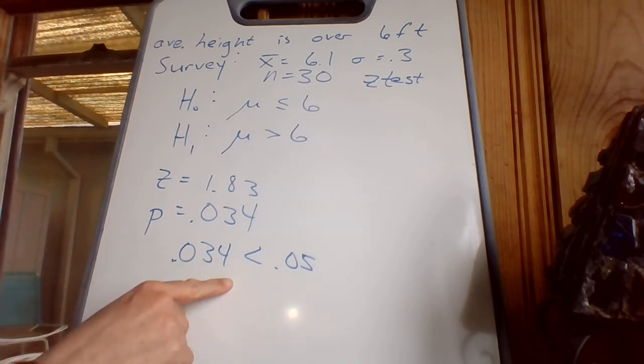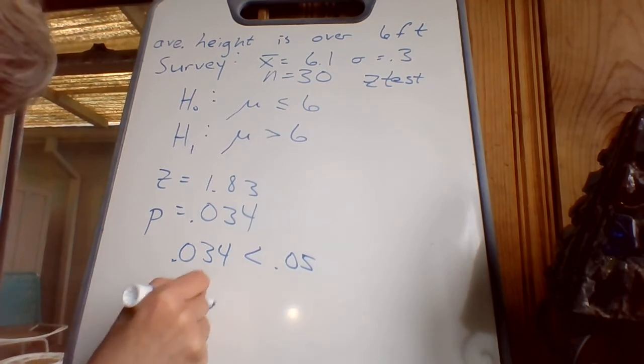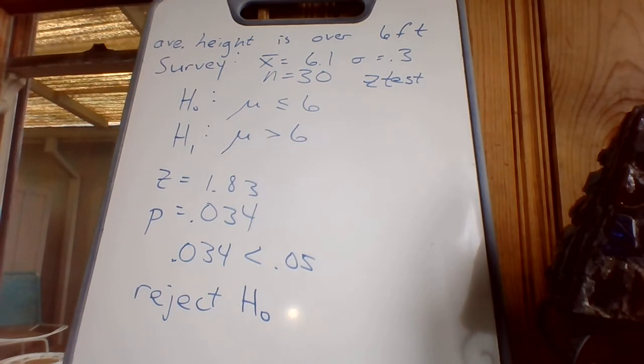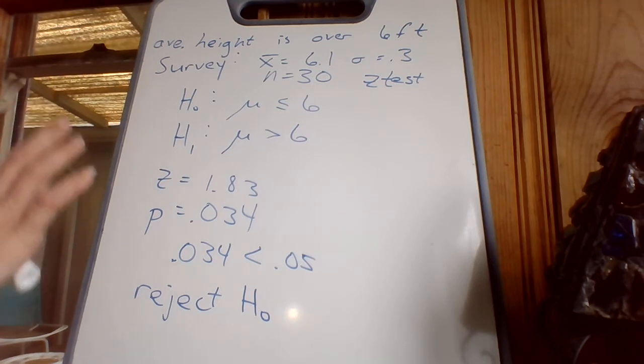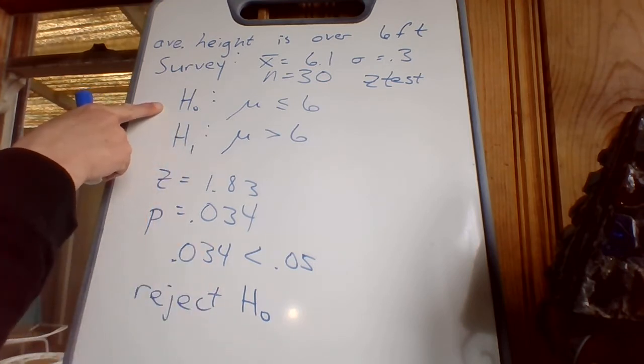Okay, because this is less than 0.05, then reject H0. Okay, well, that's good. And then if I walk away, I followed the whole procedure, and if I walk away from the problem right now, I feel pretty good about it. Okay, if I go back and read the thing, what I just said is reject H0. Nobody even said H0.